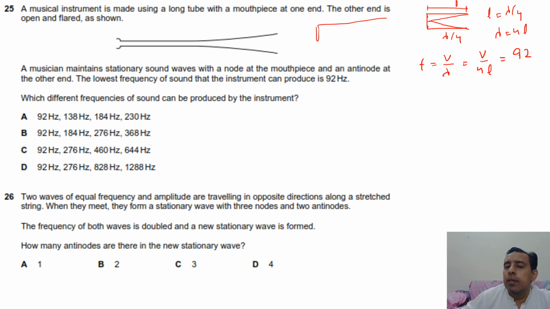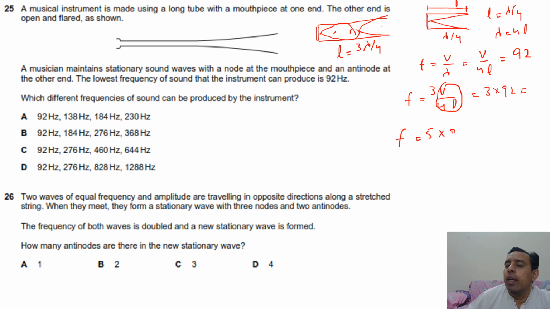For the next diagram, we have a complete loop and a half loop, so it's 1, 2 and 3. The length is 3 lambda by 4. So the new frequency is v over lambda, with lambda equal to 4L by 3. So the answer is 3 into 92. Further we have 5 into 92, then 7 into 92 and so on.